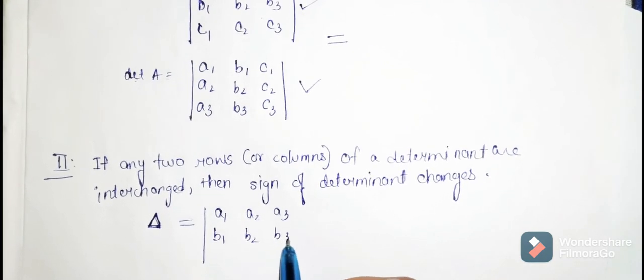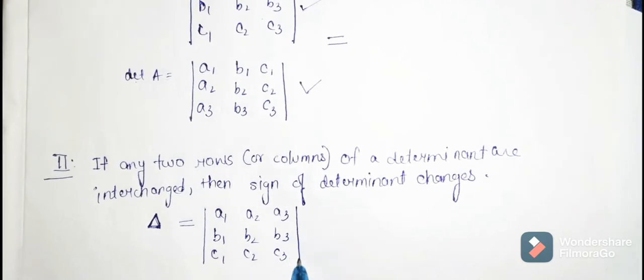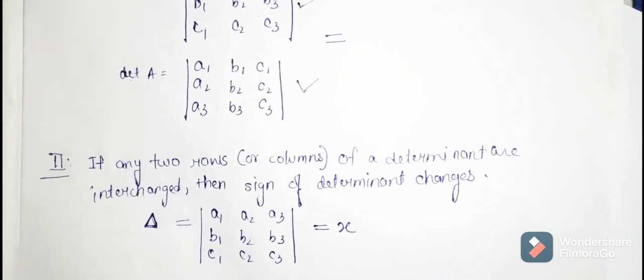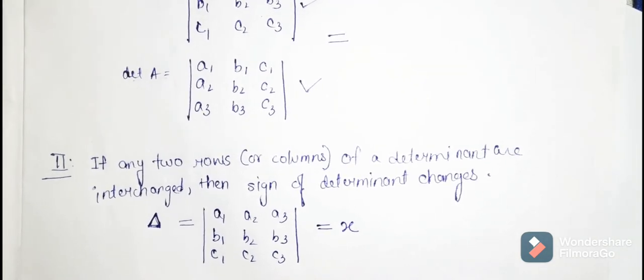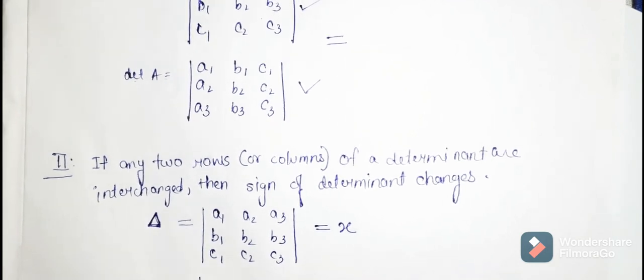B1, B2, B3, C1, C2, C3. Suppose the value of this is x, so this is delta 1.